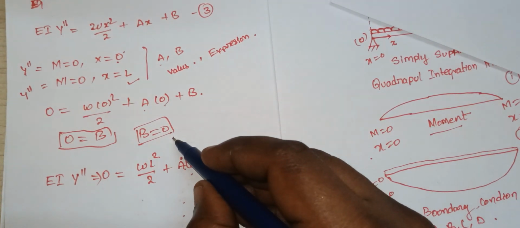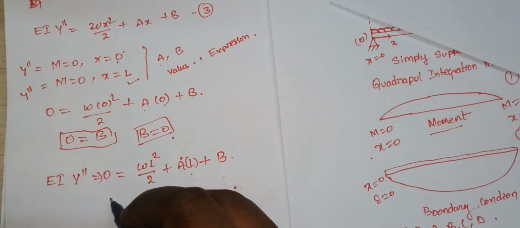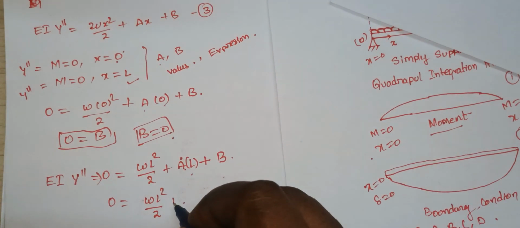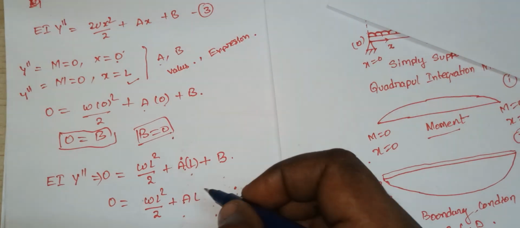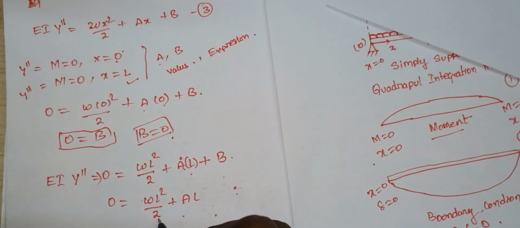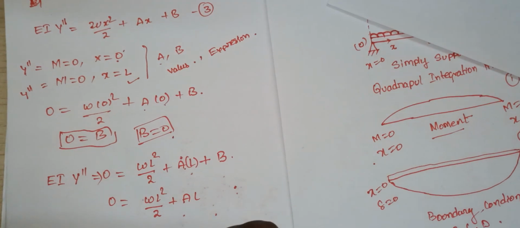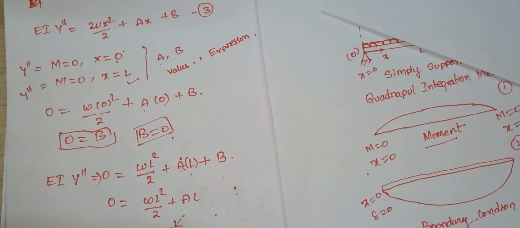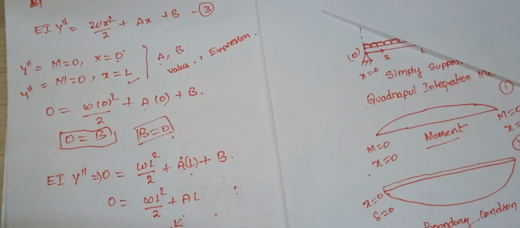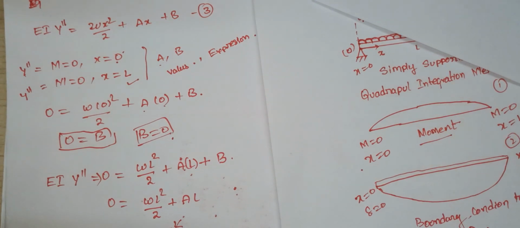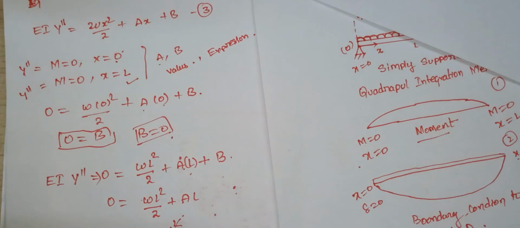As we have seen that b is equal to 0, we can put b is equal to 0 over here. wL square by 2 plus aL, and taking wL square by 2 to this side, we can write aL is equal to minus w into L square by 2. This L and this 2 cancel. A is equal to minus w into L by 2. We got our second constant.